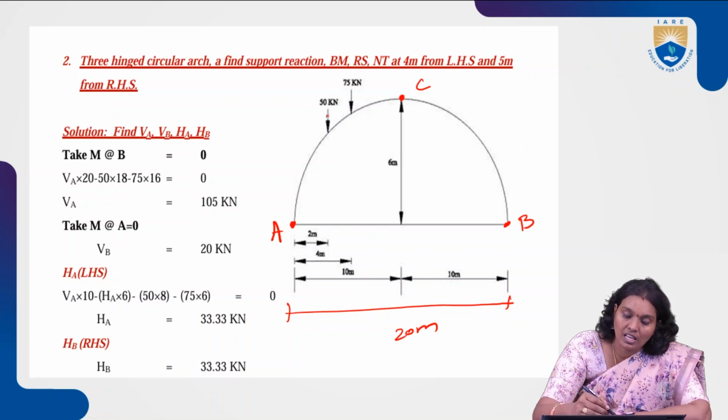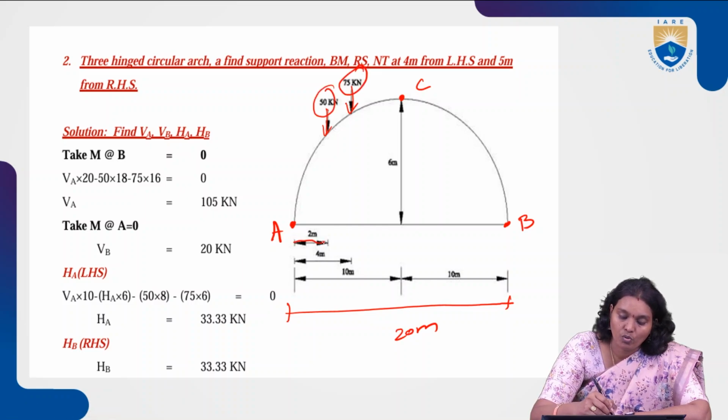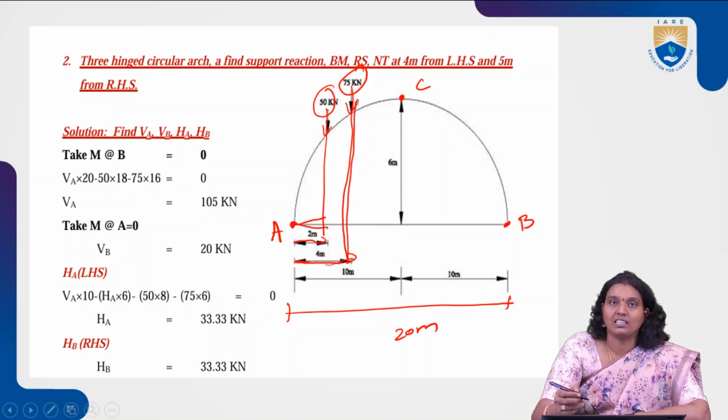From A to C the loads acting are point loads of 50 kilonewtons and 75 kilonewtons, at 2 meters and 4 meters respectively.